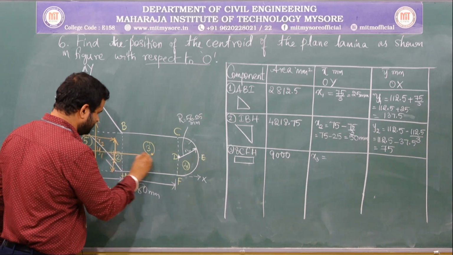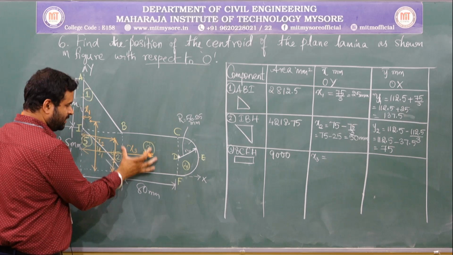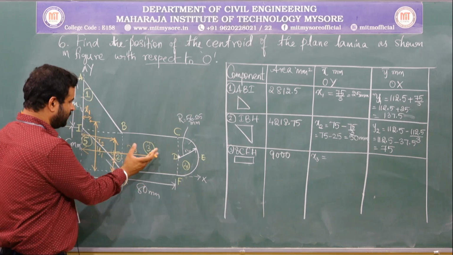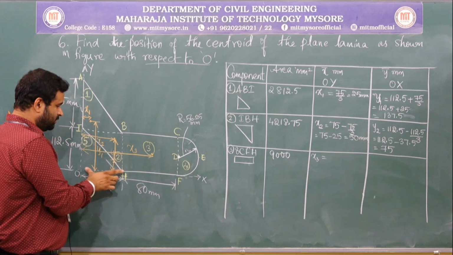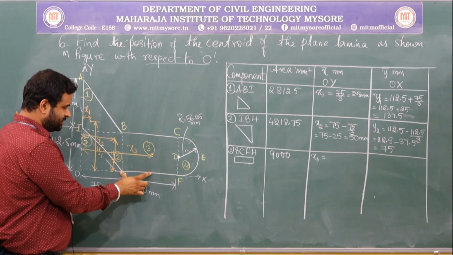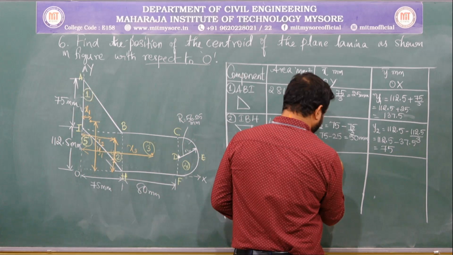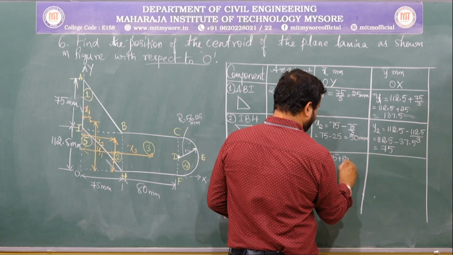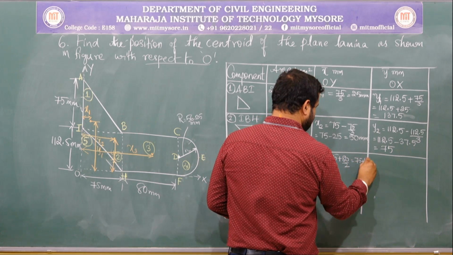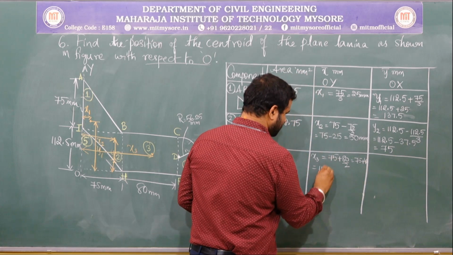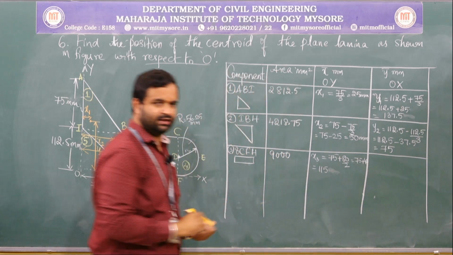So, you have to measure it from this end. This is nothing but x3. We had determined this distance initially. Now, add that with respect to OY axis. So, from here to here it is 75, and it should be 75 plus 80 by 2, which is equal to 75 plus 40, which is 115 mm, x3.